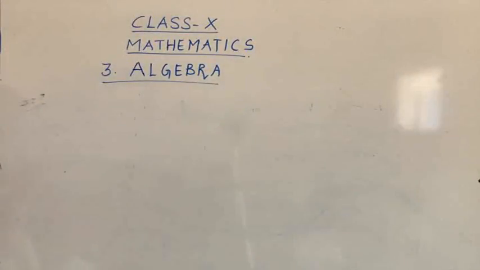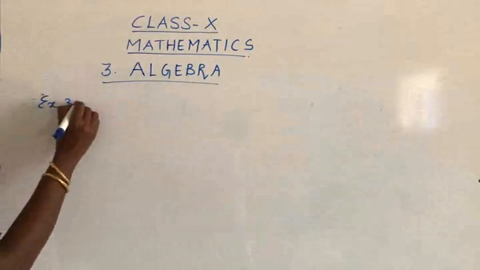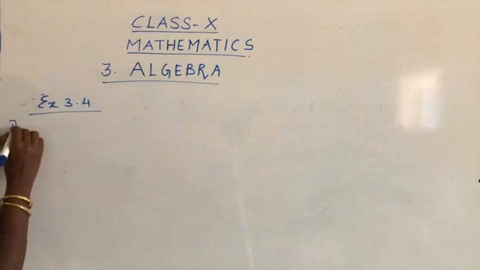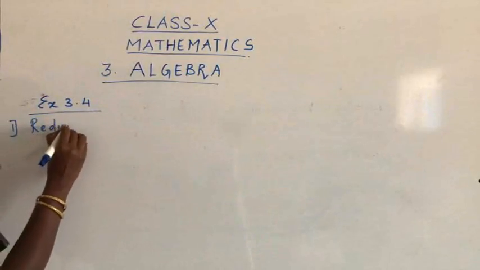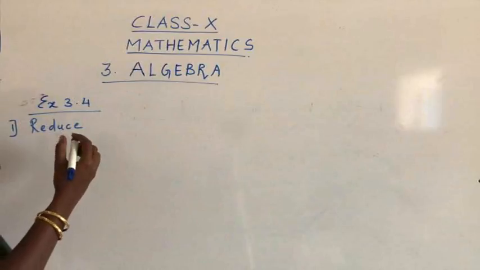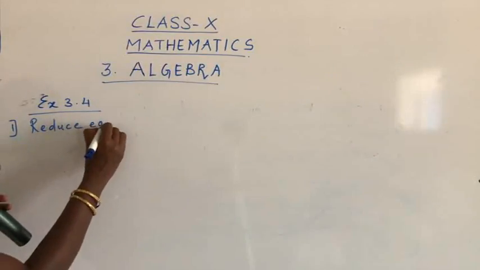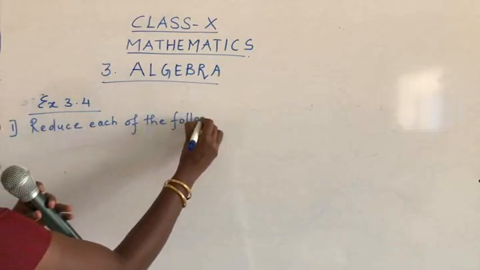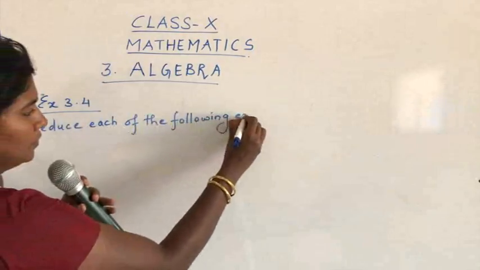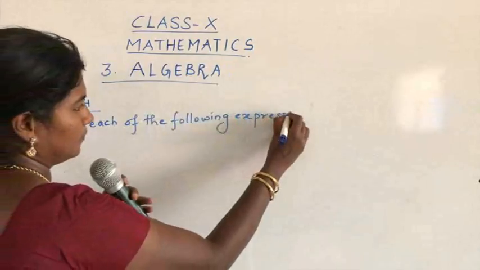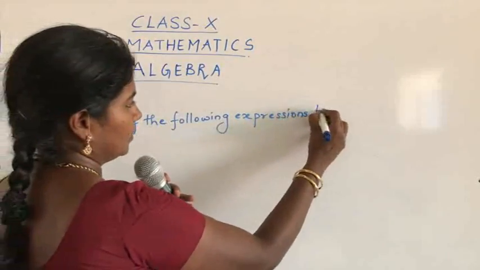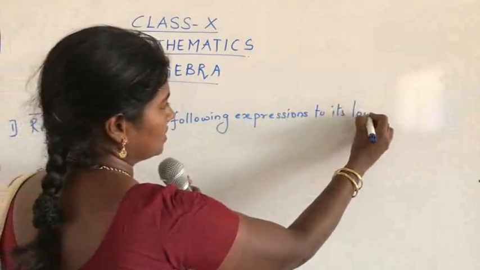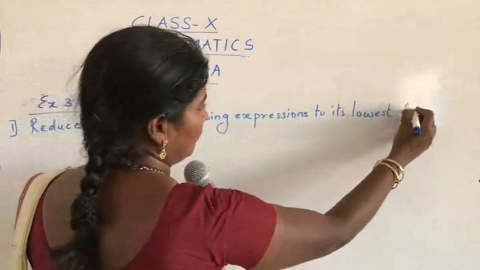Now, let's start exercise 3.4. The first part, that is reduce each of the following expressions to its lowest form.